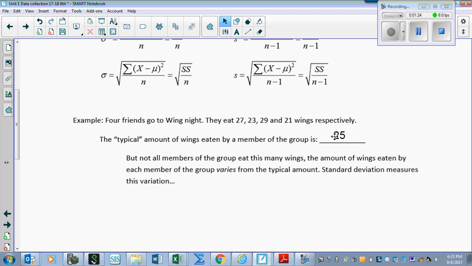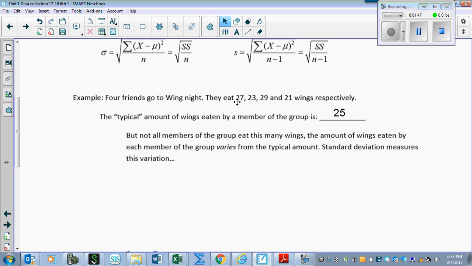Some people eat more than that, some people eat less, so there's variability in how many wings each person eats, and we have a measurement of that. There are different ways to measure this, but we talk about it mainly in terms of standard deviation. This person ate 2 more, this person ate 2 less, this person ate 4 more than the average, and this person ate 4 less.